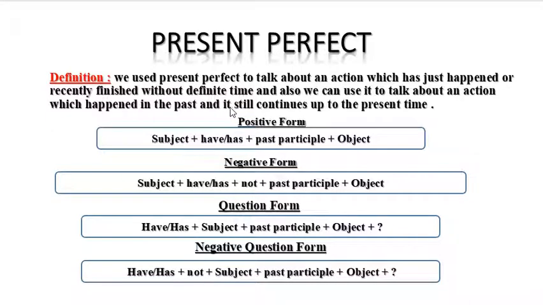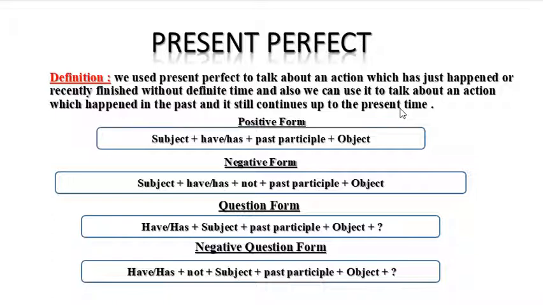Okay, next, we can use it to talk about an action which happened in the past and still continues up to the present, meaning up to now. Let me give you an example like, I have been a teacher since 2018 and right now I am teaching, I am working as a teacher.